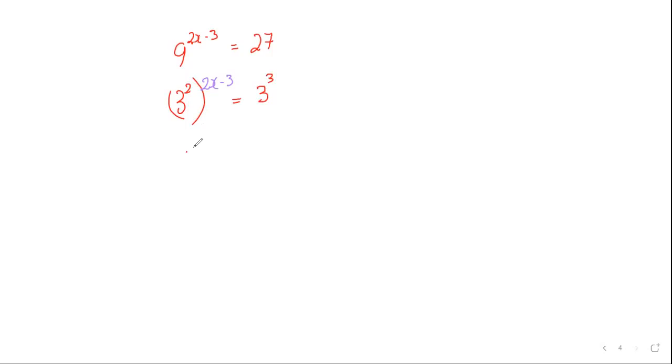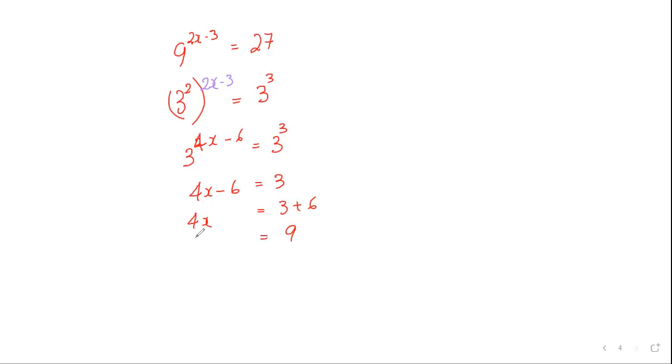Now, using our power law, this is 2 multiplied by 2. It's going to be 4x minus 6 is equal to 3 to the power of 3. Therefore, the bases are the same. We equate the exponents. So 4x is equal to 3 plus 6.